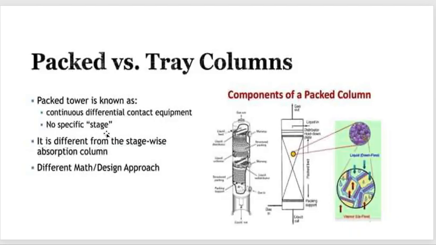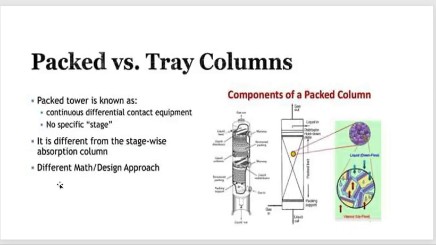Okay, it is different from the stage-wise absorption column or distillation column, a different design approach. I want to roughly describe this statement. There is deep knowledge about it, but roughly, what is meant by a different design? When you design the tray tower, you calculate the theoretical number of trays.